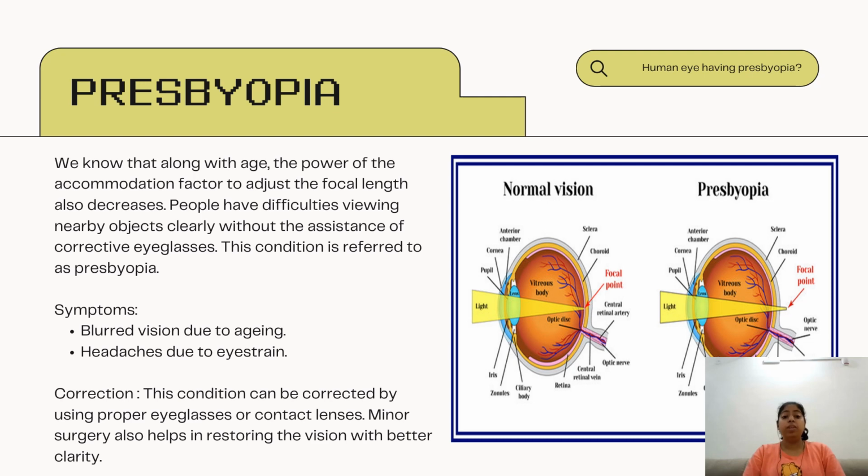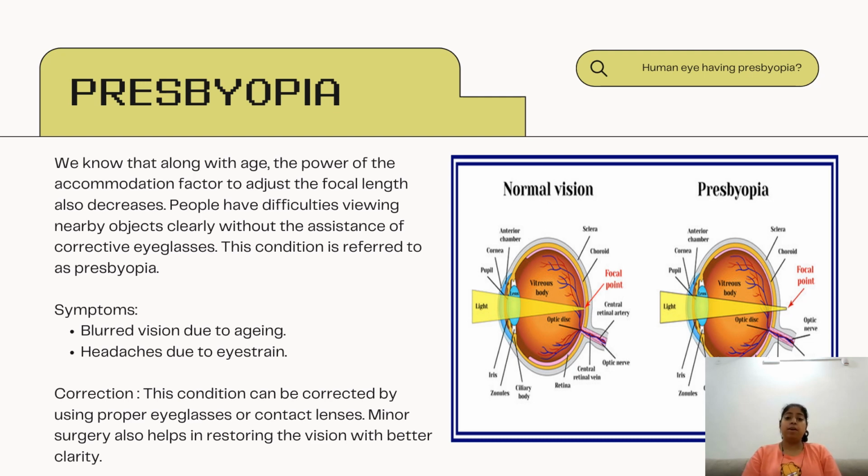Presbyopia. We know that along with age, the power of accommodation, the ability to adjust the focal length, also decreases. People have difficulty viewing nearby objects clearly without the assistance of corrective eyeglasses. This condition is referred to as presbyopia. Presbyopia happens when the ciliary muscles weaken and the elasticity of the eye lens diminishes. Presbyopia can be seen in people above the age of 40.